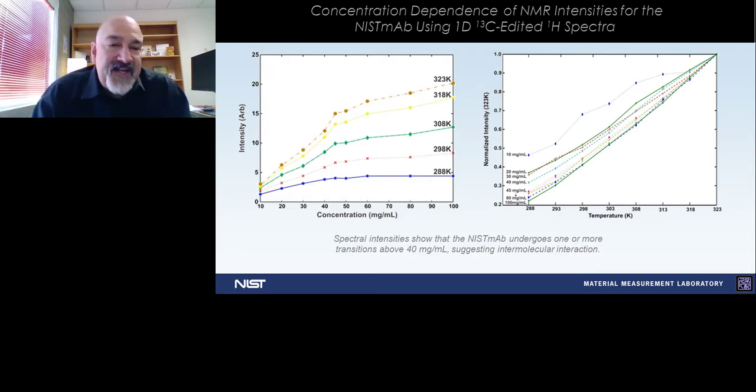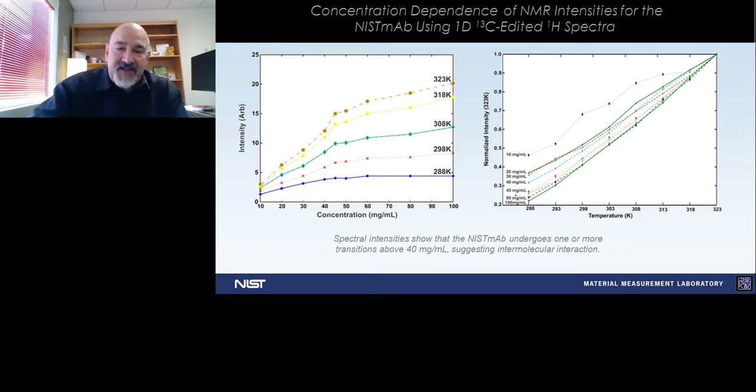But what we can see, somewhere between a concentration of 40 and 60 mg per mL, that linear relationship changes to a different one. What this implies is that at a certain concentration, there's some kind of intermolecular interaction happening that's changing the spectrum.